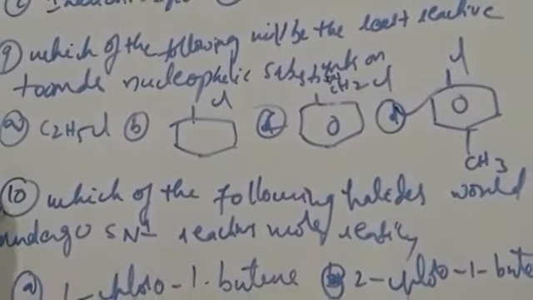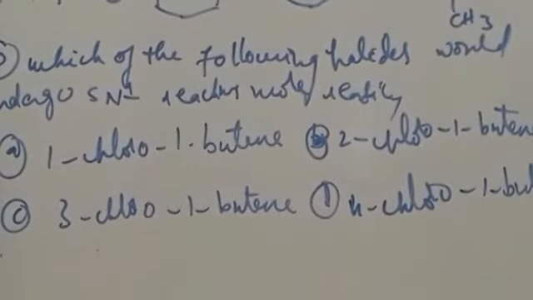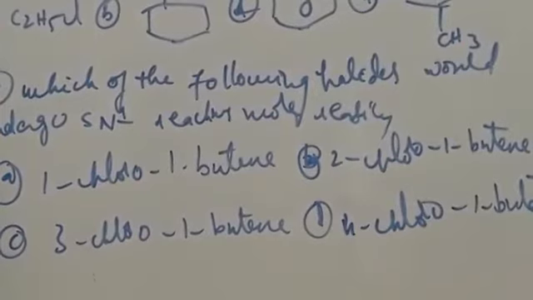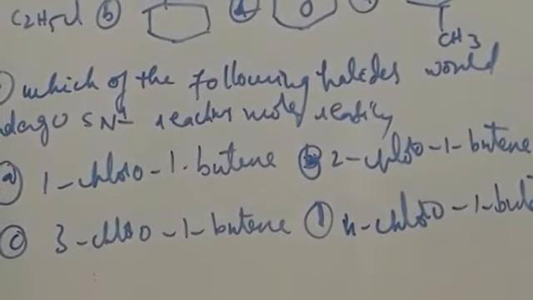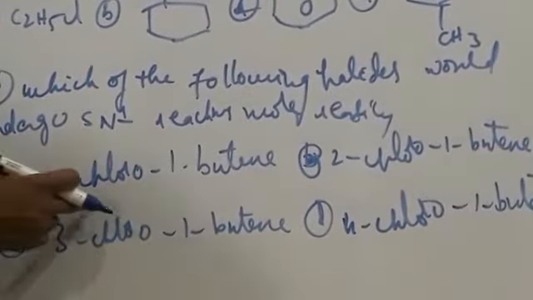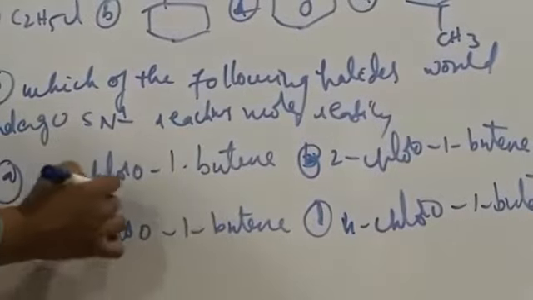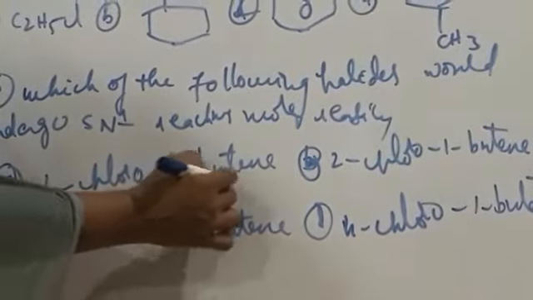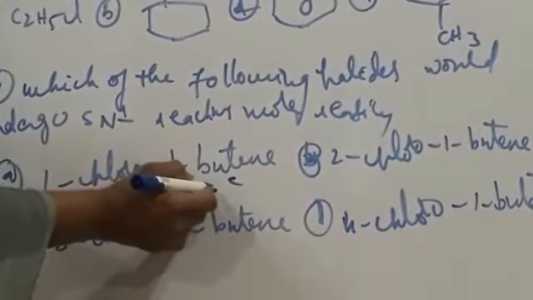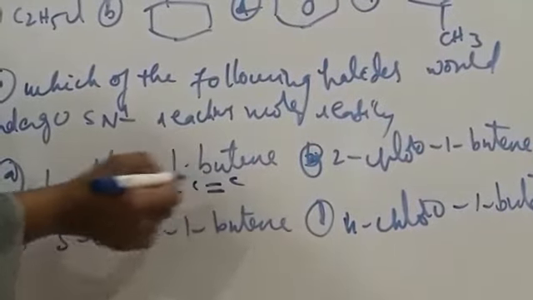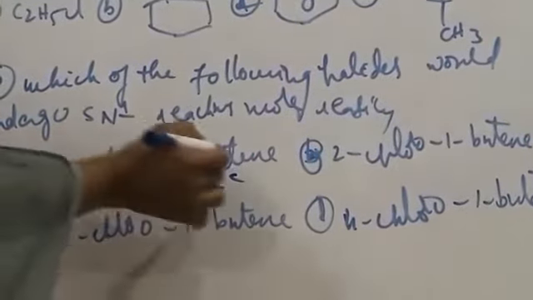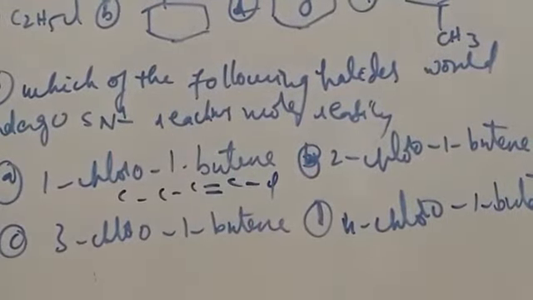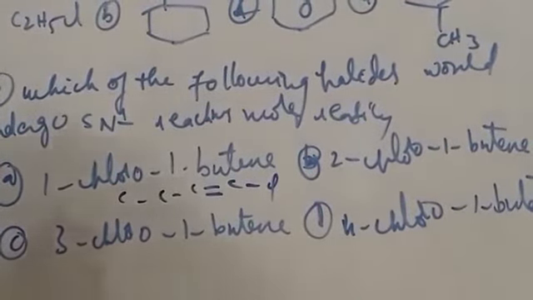Next. Which of the following halides would undergo SN1 reaction more readily? Okay. Substitution nucleophilic reactions. So here 1-chloro-1-butene. So here but has 4 carbons. At the first carbon only, unsaturation is there. And the first carbon is linked with the chlorine. 1-chloro-1-butene. Okay.